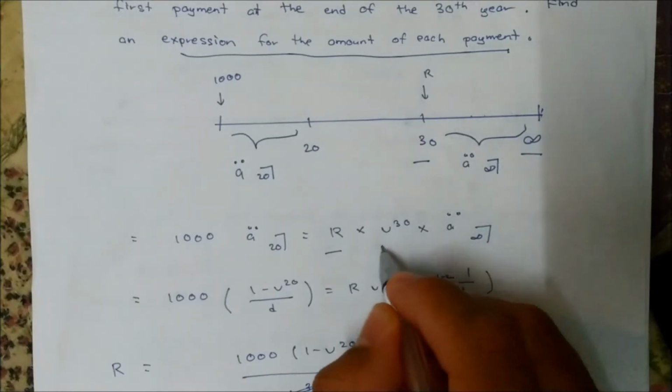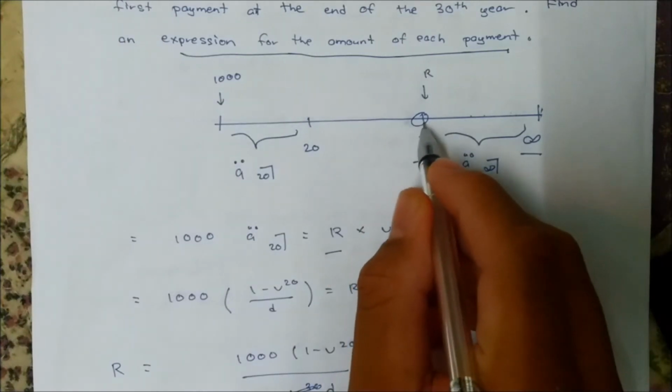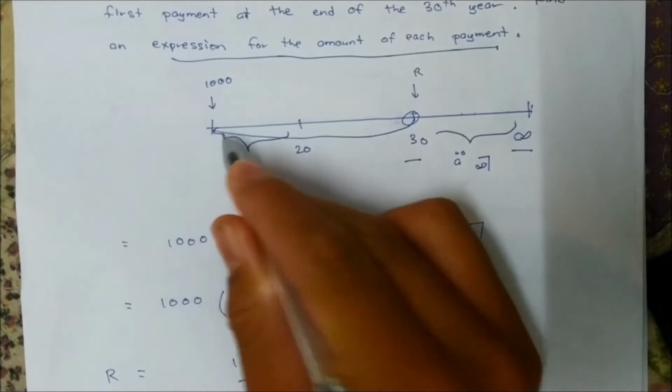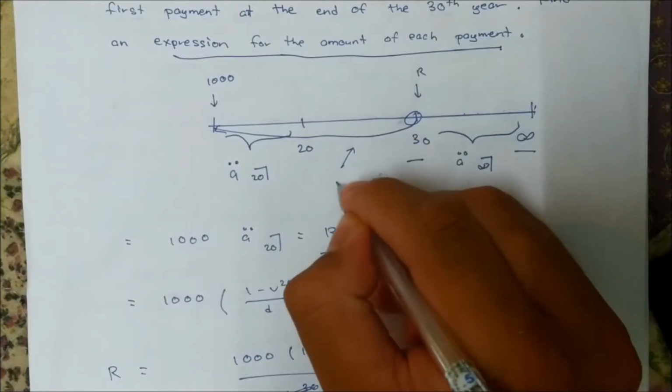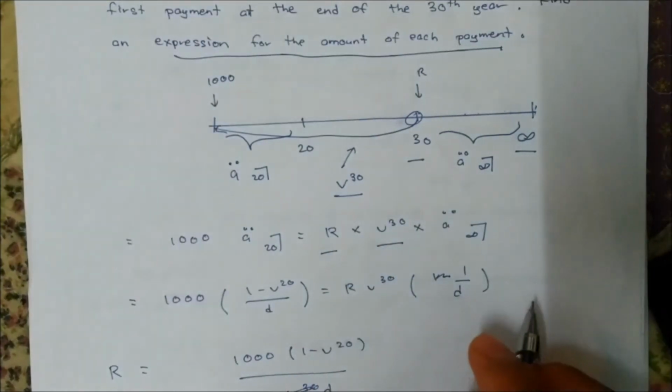V^30 is actually formed from here. Since the investment continues from time 0, which is in front here, there will exist a discount factor here, which is V^30.